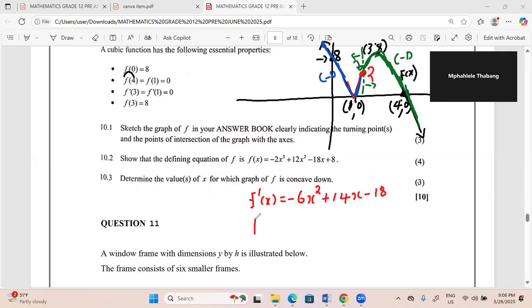Then you derive again, f double prime x, minus 12x plus 14. So now you have 0 equals minus 12x plus 14. Yeah, this is 24. Sorry, guys. This is 24. It's not 14. If you derive 12x squared, you get 24. This happens when you are tired.